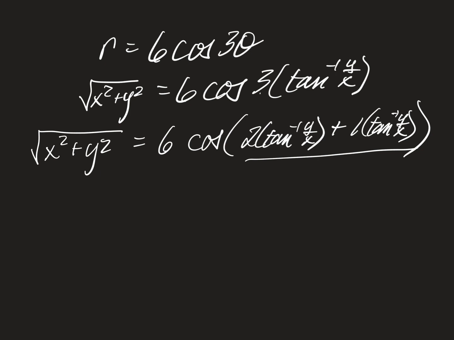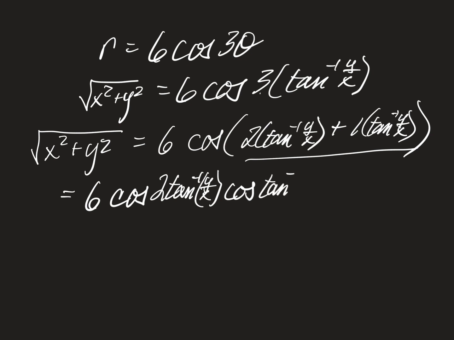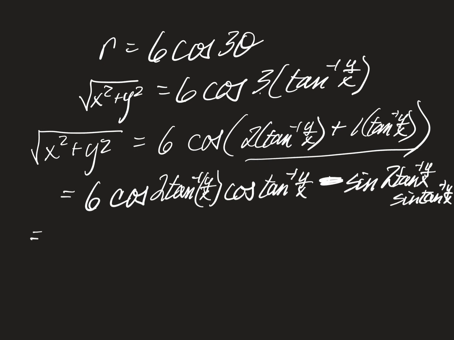So this whole right side becomes 6 cosine of 2 inverse tangent of y over x, cosine inverse tangent of y over x minus sine of 2 inverse tangent of y over x sine of inverse tangent of y over x. Okay? Funny, this looks like a test question, doesn't it?